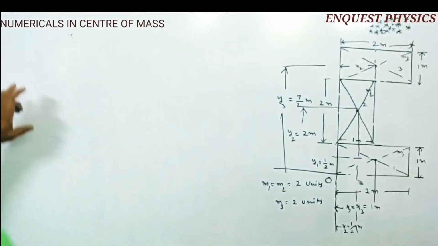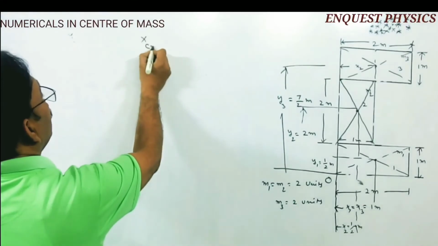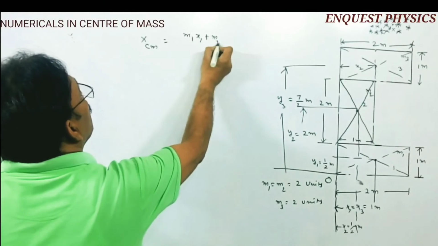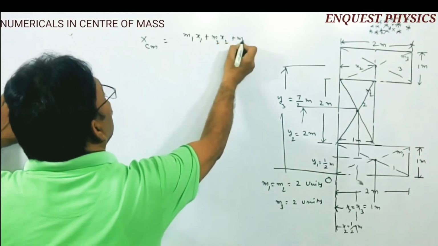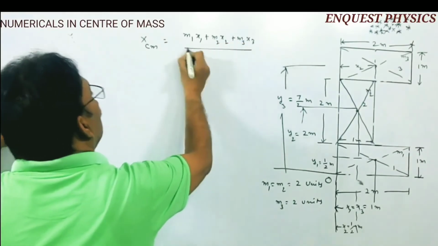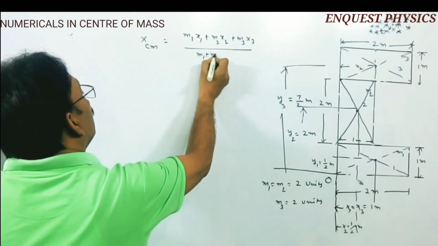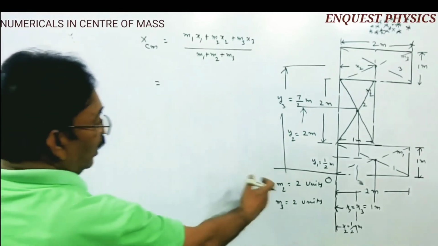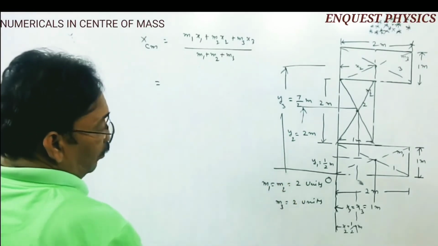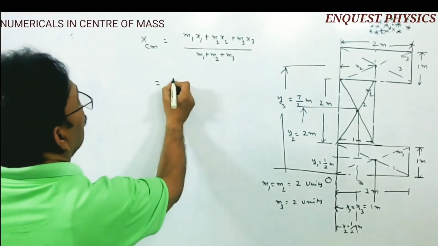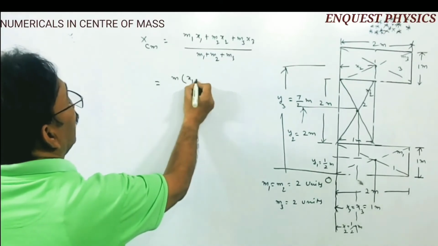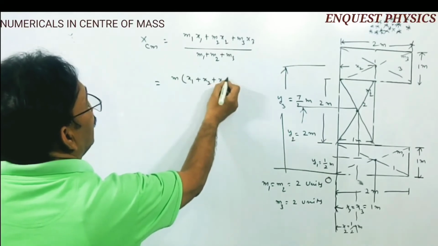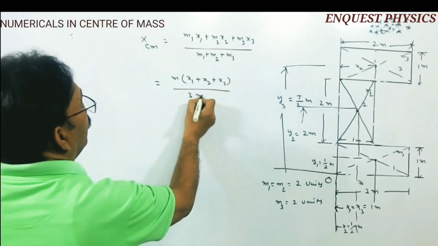Just substituting the values in, what you get, xcm is equal to m1 x1 plus m2 x2 plus m3 x3 by m1 plus m2 plus m3. Put the values m1, m2. Okay, all have the same masses, that is m of x1 plus x2 plus x3 by 3m.